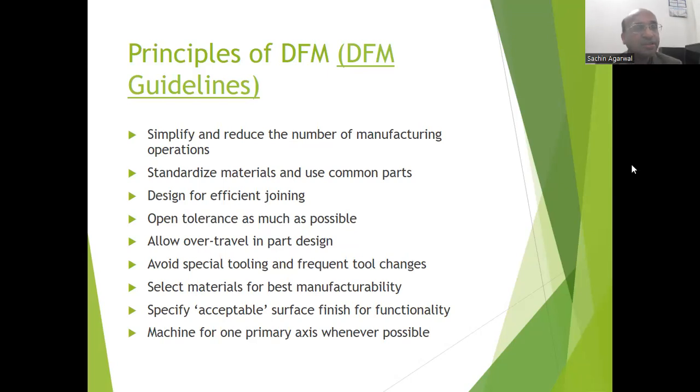So these are the principal guidelines which must be followed when we apply DFM. It means we have to reduce the number of manufacturing operations as much as possible. Standardized material should be used because it is easily available.